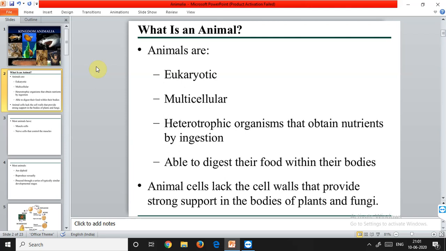Now what are the other characteristics? These are heterotrophic, that is, they are dependent upon the plants or the autotrophs for obtaining their food, and they obtain nutrients by ingestion, that is taking food inside by the mouth.